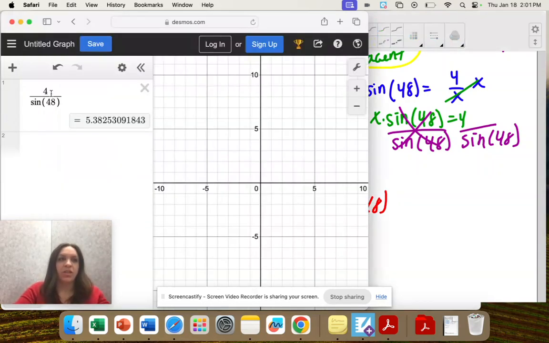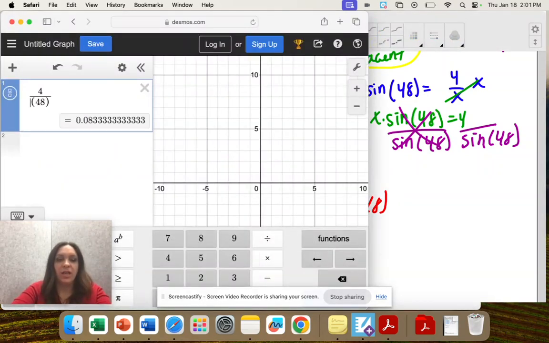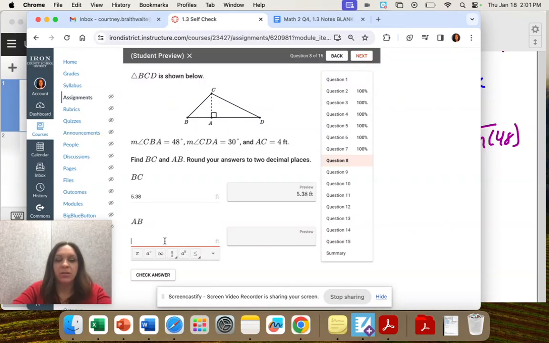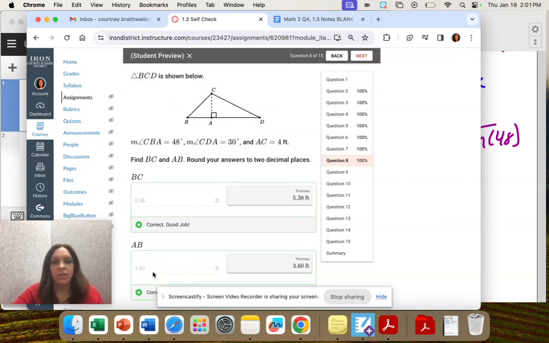So I'm just going to change that to tangent, T-A-N, and everything else is the same, so 3.60. So on that one, we actually didn't even need the second triangle.